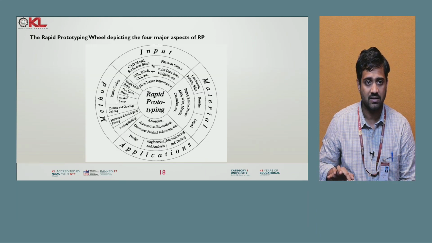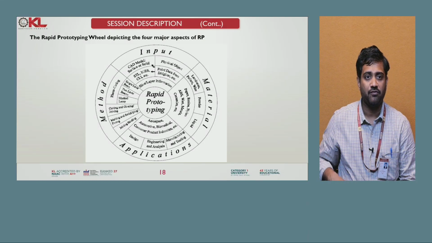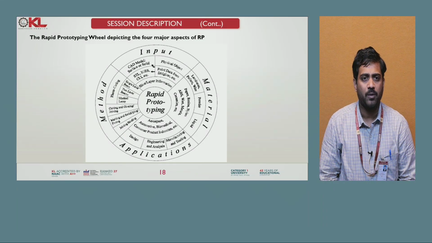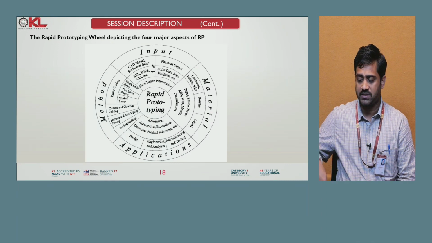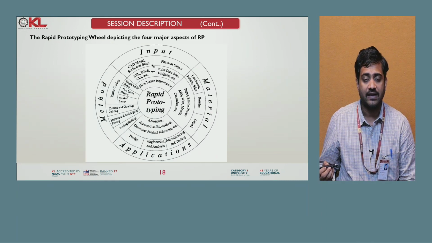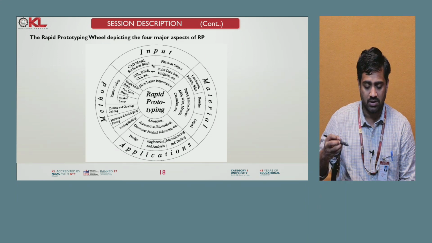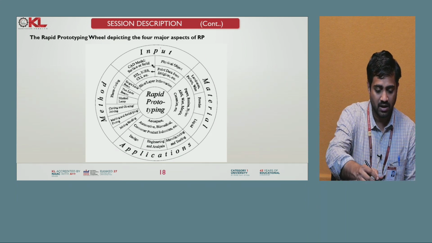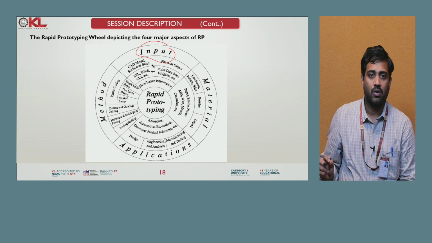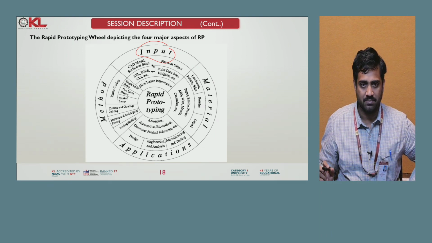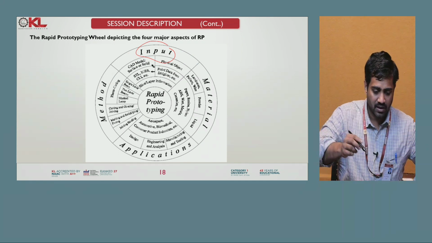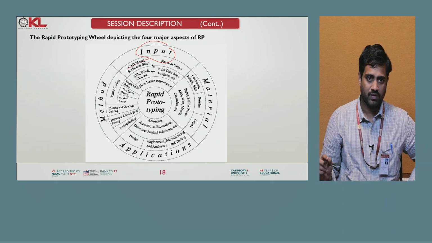Next, the rapid prototyping wheel. This rapid prototyping wheel depicts the four major aspects of additive manufacturing technology or rapid prototyping technology. The first one is input. What type of input are we giving to this RP system? Generally, it is the CAD model.